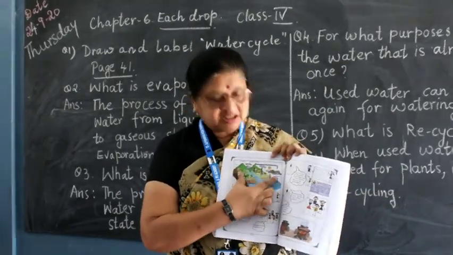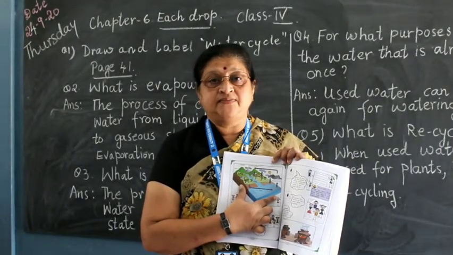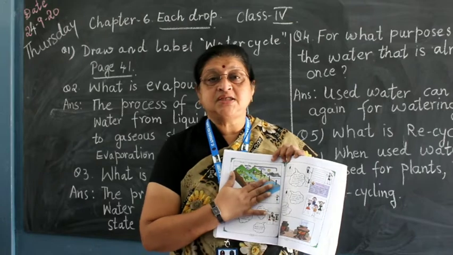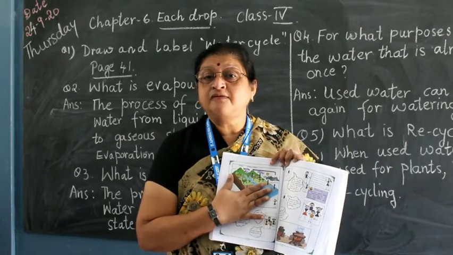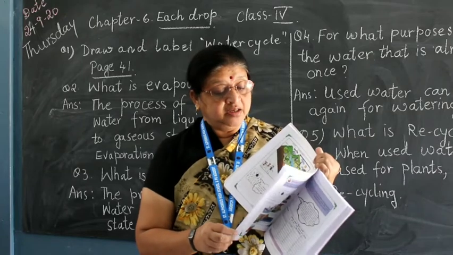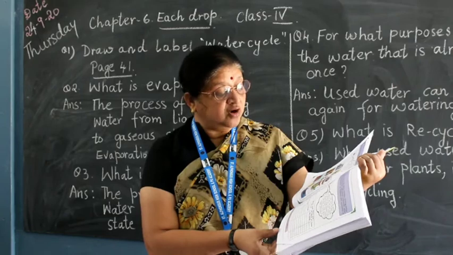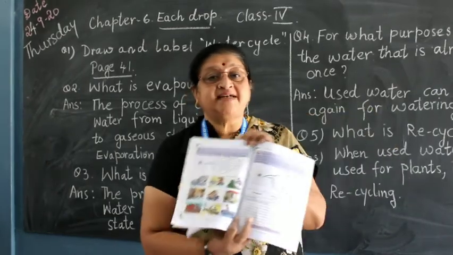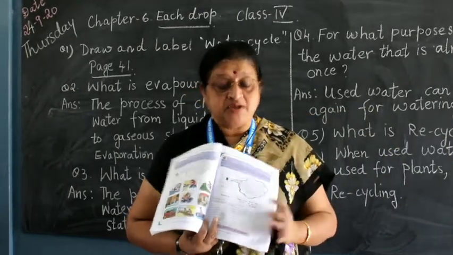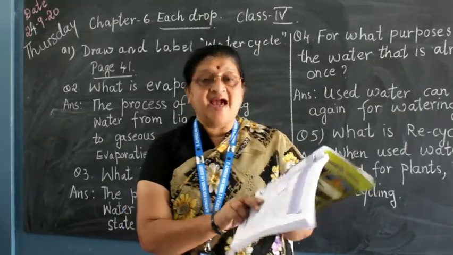Only this picture you have to draw neatly in your classwork, because this is the main part of the water cycle. Then on page 46, a small activity is there. What are the activities?